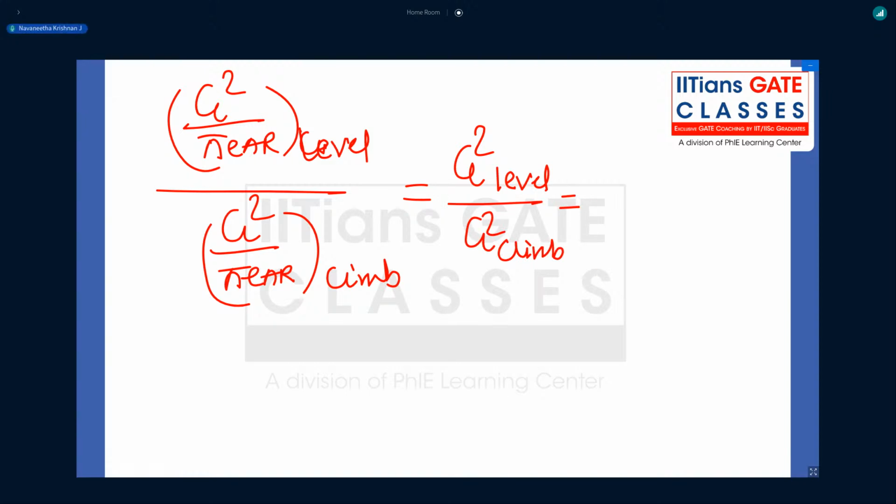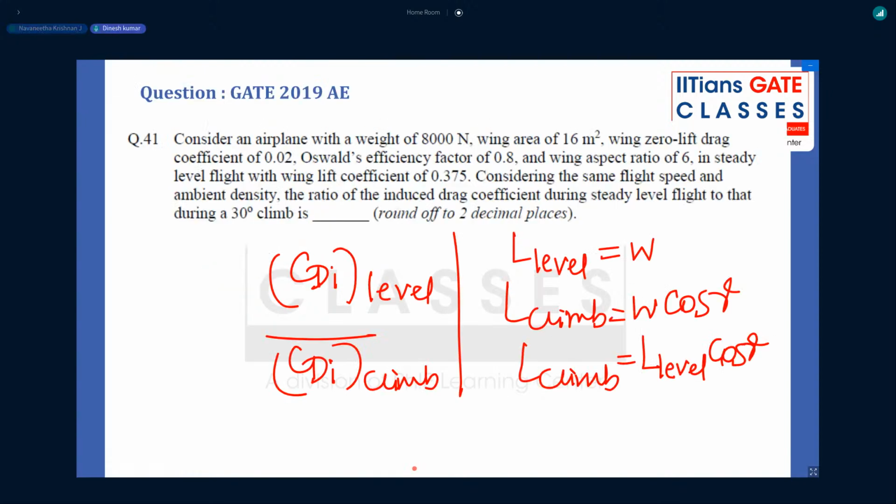So that is the lift of level flight divided by the lift of climbing flight, which is 1 divided by cos gamma.